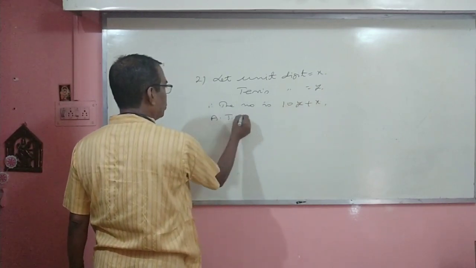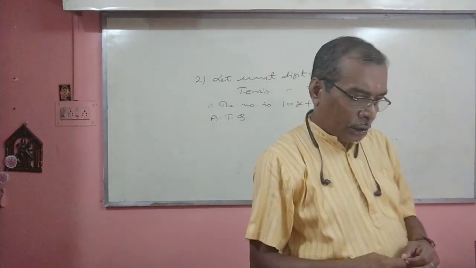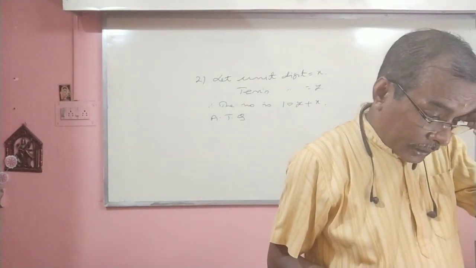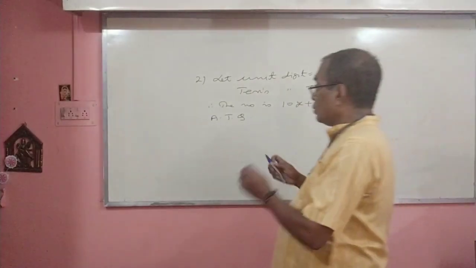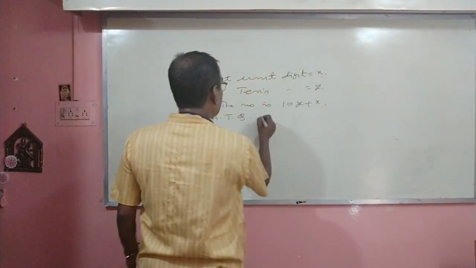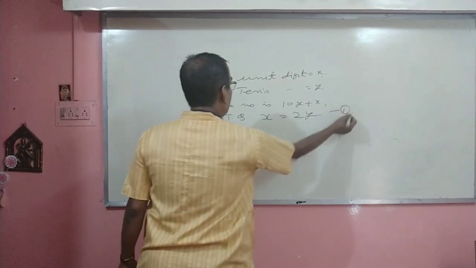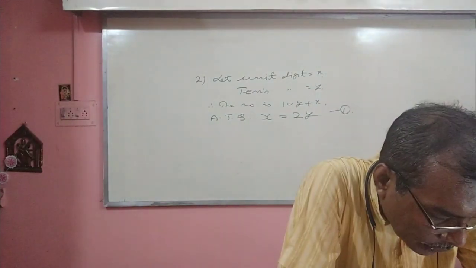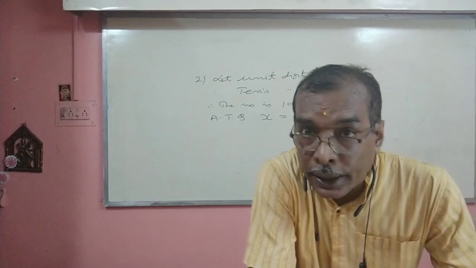These three lines you compulsorily have to write for a two-digit number. Now, according to the question, the digit at the unit place is twice the digit at the tens place. Then afterward, the number exceeds the sum of the digits by 18.